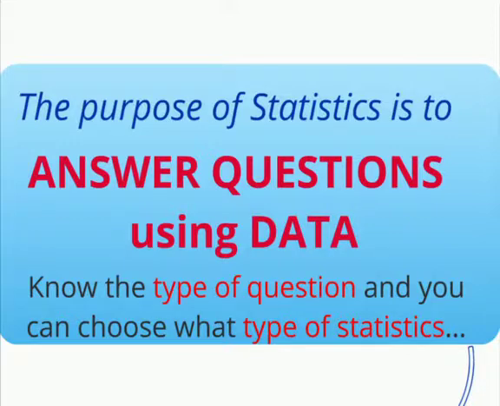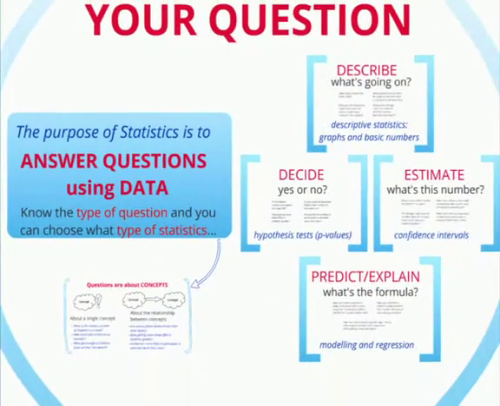There are others, but these are the main ones. This comes from my friend John O'Tuke, who is one of the lecturers in statistics, and he says that there are 4 main aims of a question in statistics. The aim could be to describe, it could be to decide, it could be to estimate, or it could be to predict or explain. And your question is about those sorts of things.